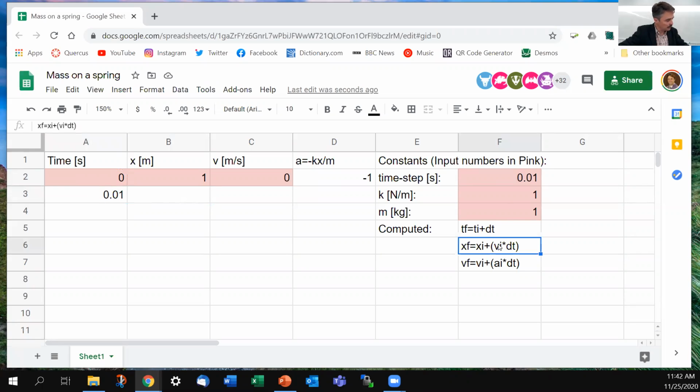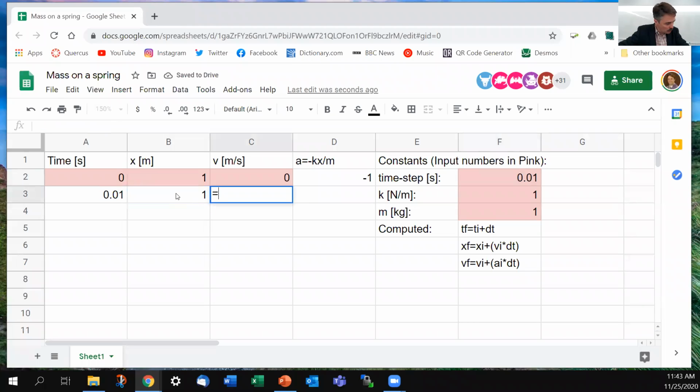The new x is equal to the old x plus, open a bracket, I don't have a speed yet, so let me just use the old speed. That might not be a great thing to do, but it's better than nothing. Everything's roughly constant, right? Times your dt. And don't forget to put your reference values there with the F's and $ signs so that it doesn't update on the Control C, Control V.